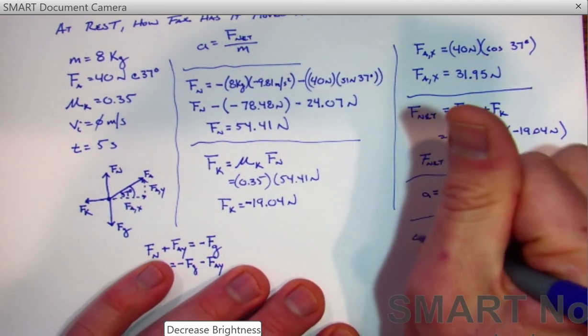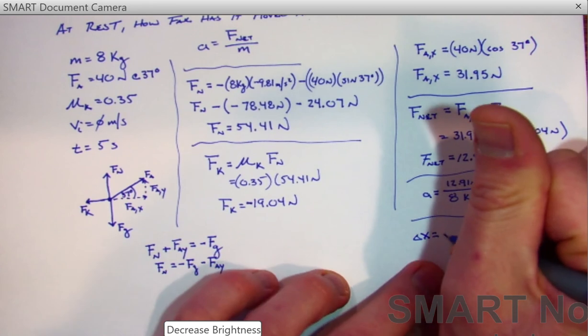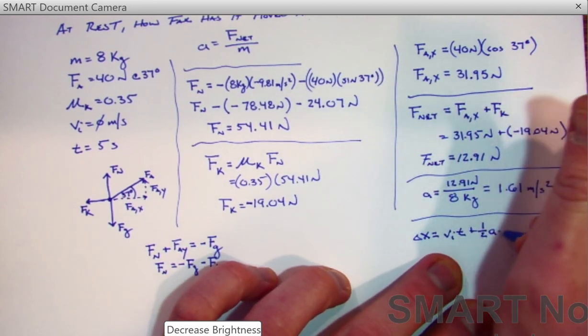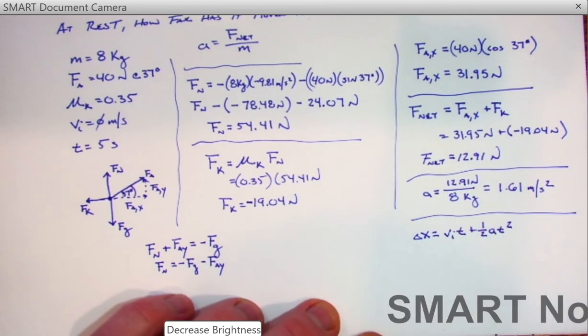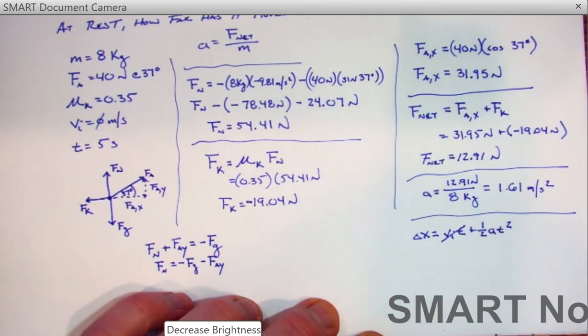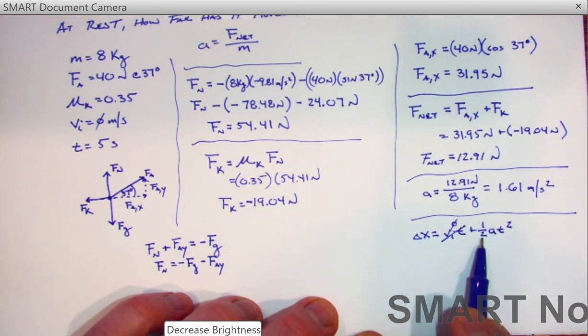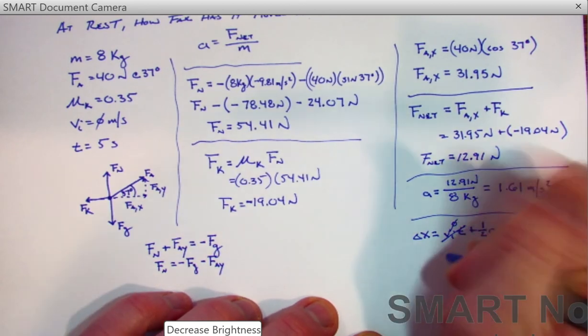That's going to be delta x is equal to v initial times time plus 1/2 a t squared. Again, the cart is at rest initially, so that is 0. So delta x, or how far it will have moved, is equal to 1/2 acceleration times time squared.